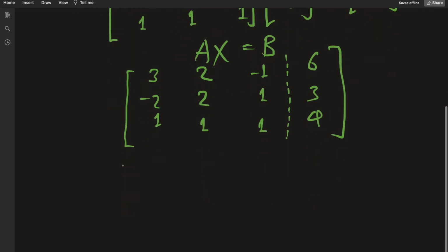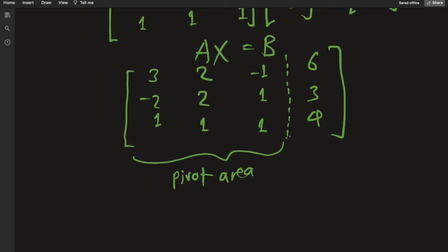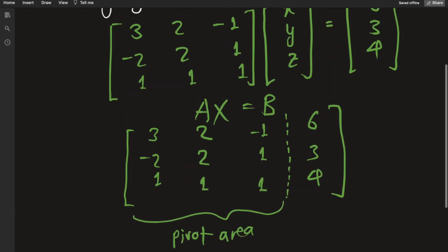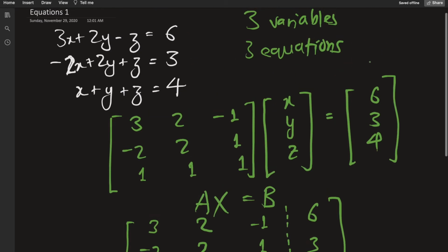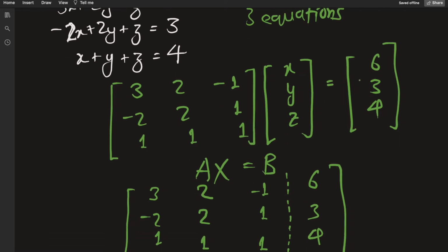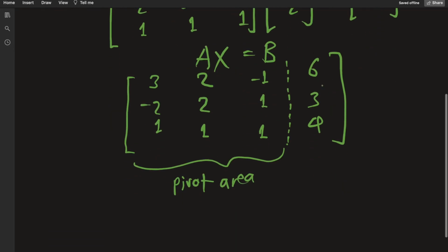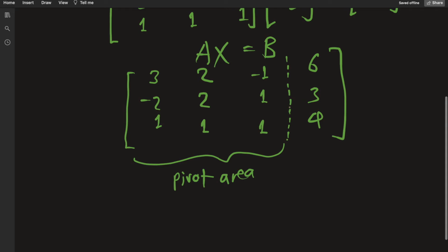Because we only need to perform row operations on this entire augmented matrix and get pivots in these three columns before the dotted line. So this is the pivot area. You may get pivots, you may not. You don't need to find pivots in this column because these are constants, so it wouldn't help much finding pivots there.